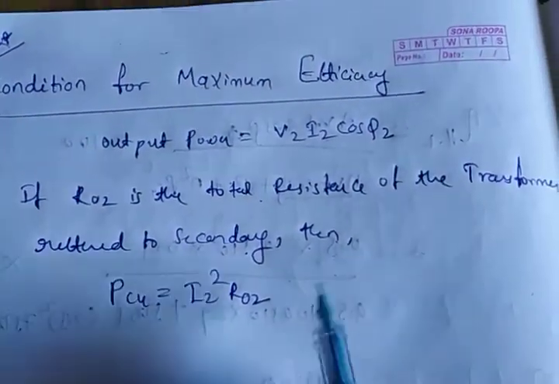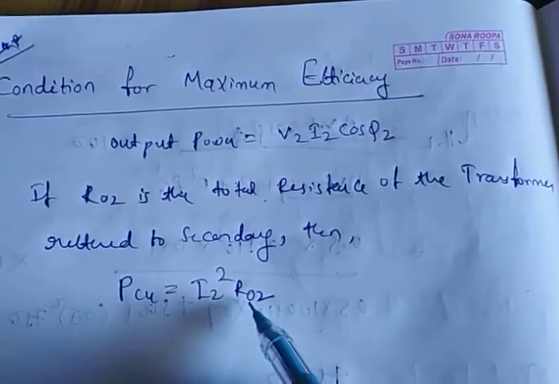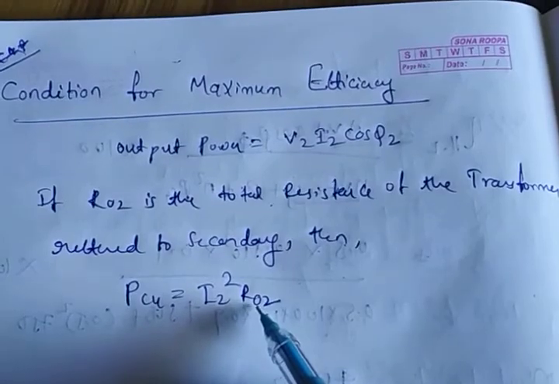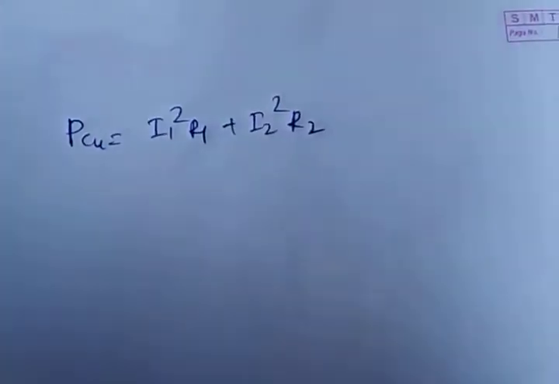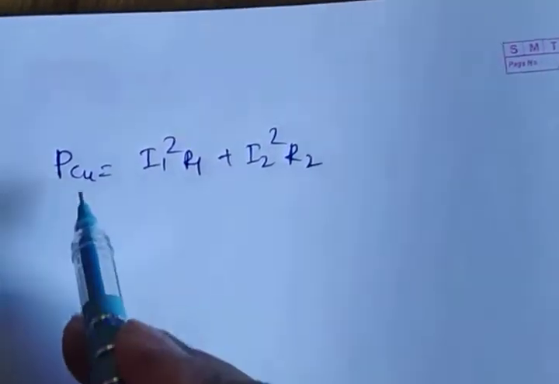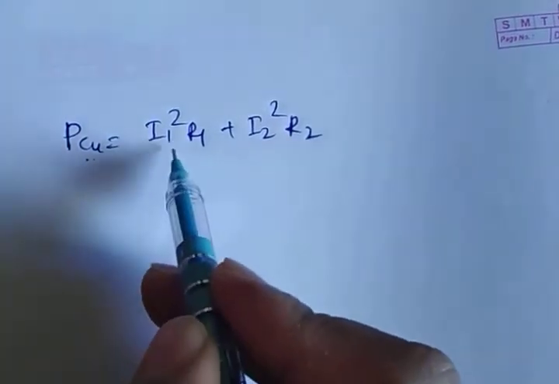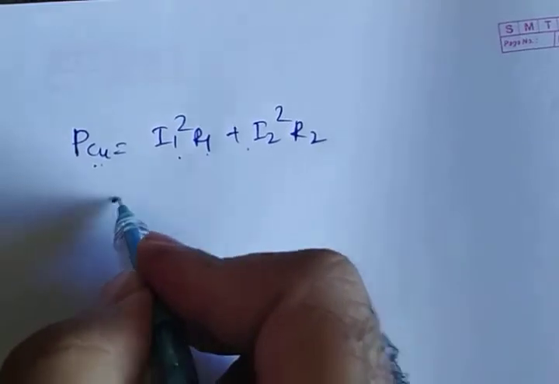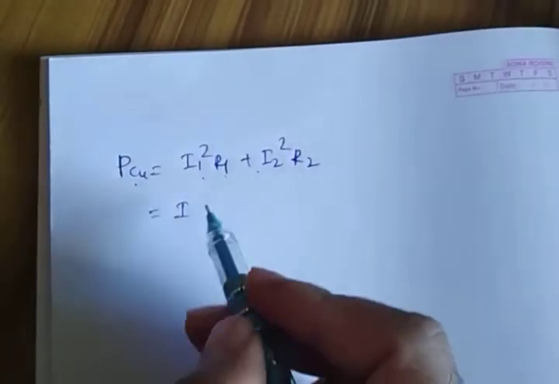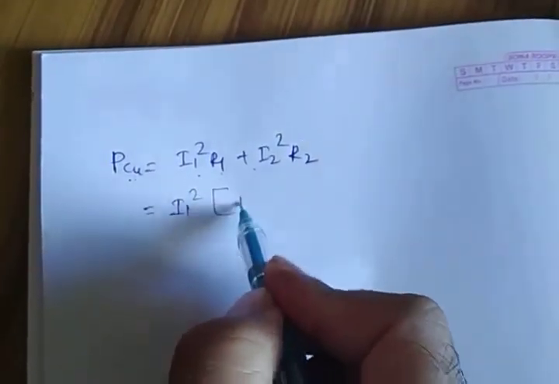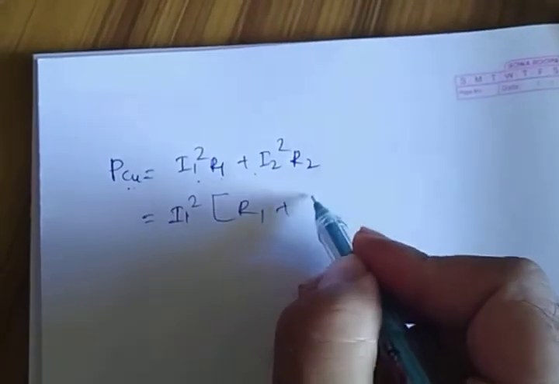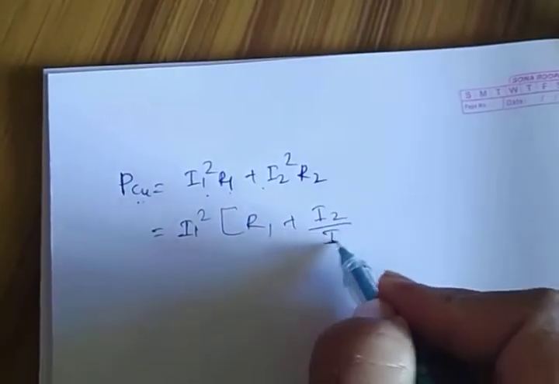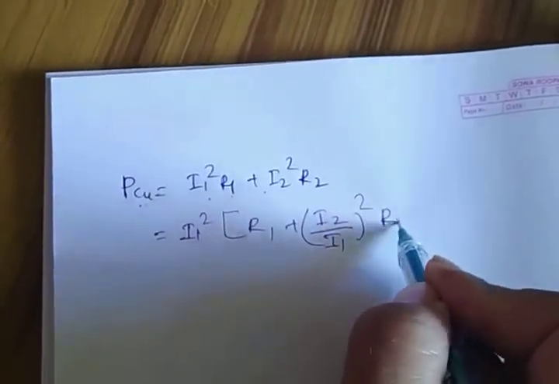Let me give you some explanation of how I have taken R02. We know that PCU, the copper loss, is equal to I1 square R1 plus I2 square R2. If you take I1 square common, you will get I1 square into R1 plus (I2 by I1) whole square into R2.